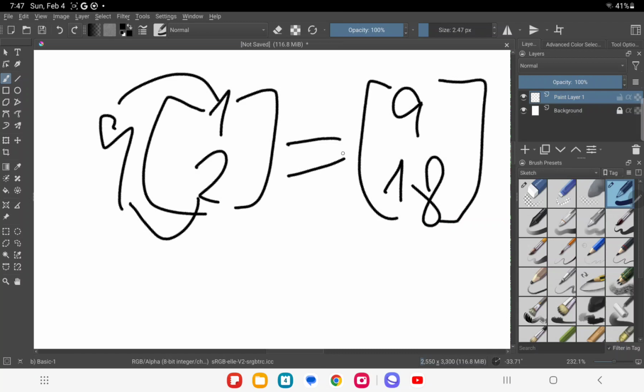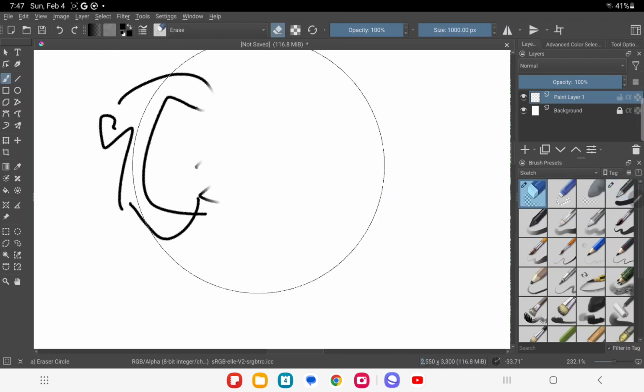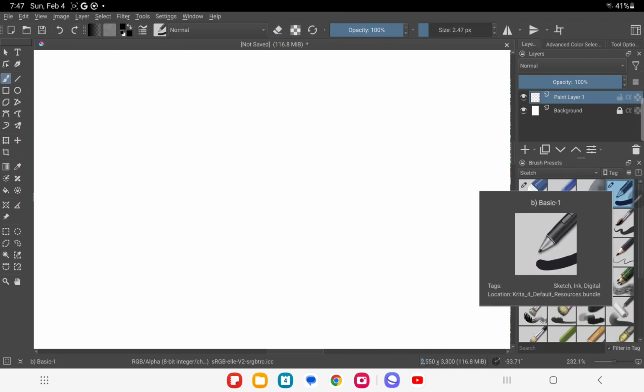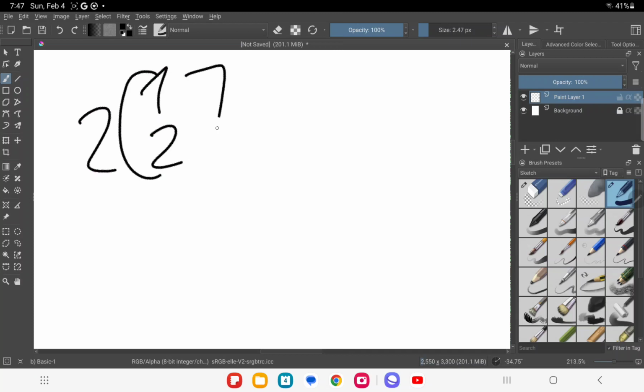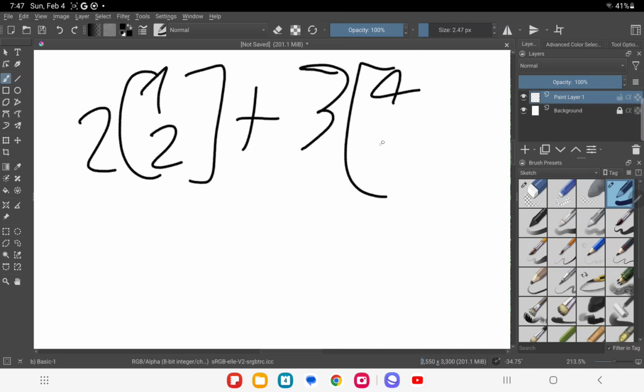Now, when we combine those two operations, we get a linear combination. Basically, it's a combination of vectors, a combination of these operations. So 2 times 1 2 plus 3 times 4 1 equals.